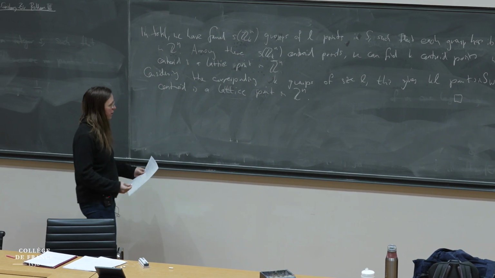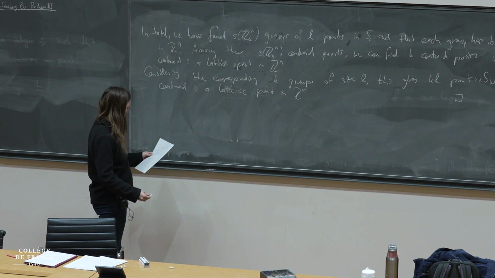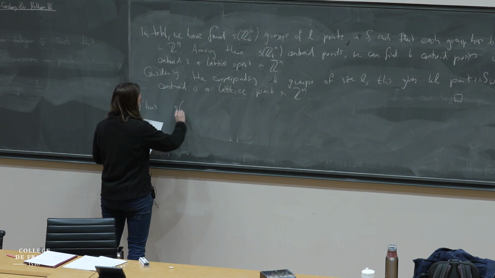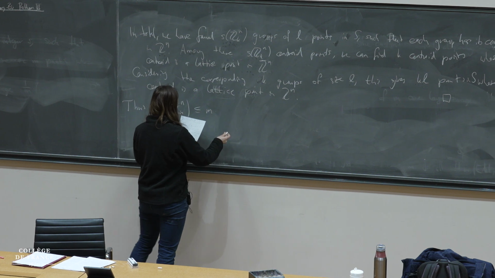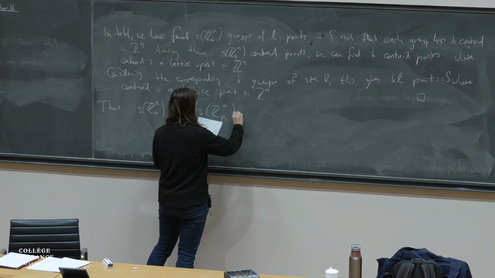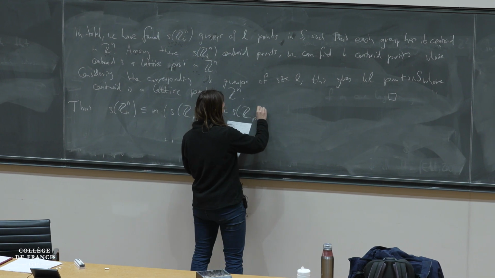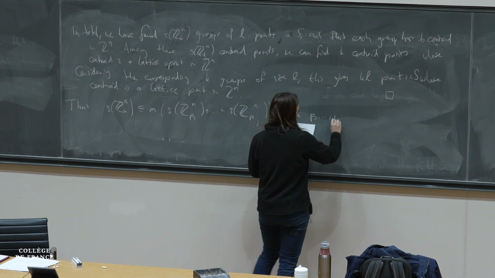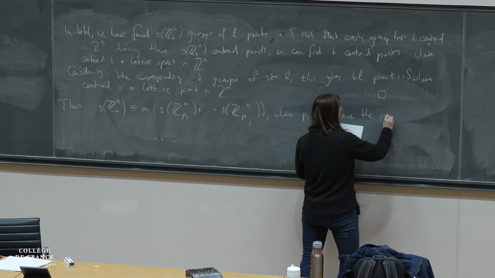And so applying this repeatedly for the prime factors of m, in other words splitting m into prime factors, we can now deduce that S of C_m^n for any m is at most m times S of C_{p1}^n plus and so on, plus S of C_{pj}^n, where p1 and so on to pj are the prime factors of m.